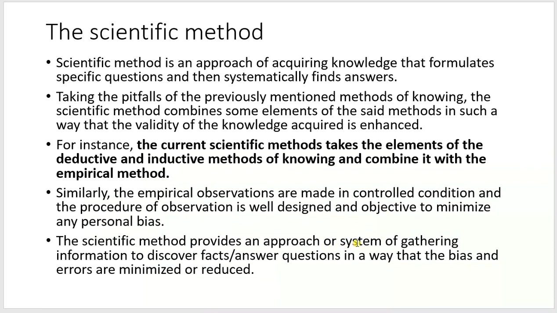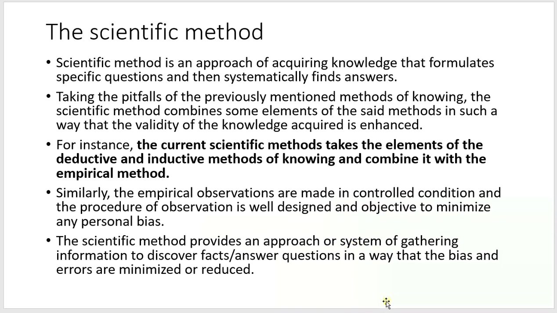So, to conclude, the scientific method provides an approach or system of gathering information to discover facts or answer research questions in a way so that biases and errors are minimized or reduced, and the conclusions that we draw based on those scientific methods are likely to be correct.